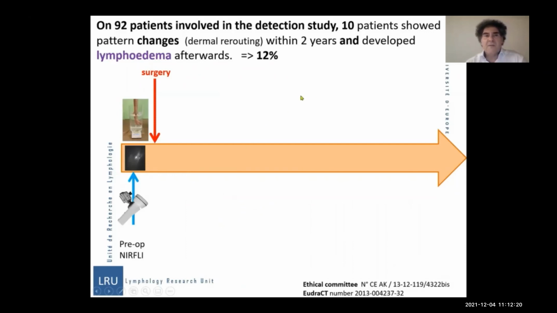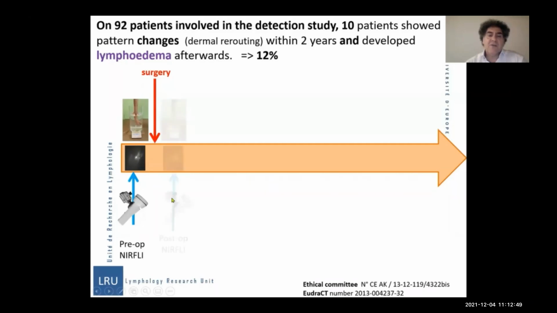So we set up a study that we've been carrying on for around 4 years, and we enrolled in this study 92 patients who needed surgery for breast cancer. And then we performed a lymphofluoroscopy. Now, this was done before the surgery, and we measured segmentally the volume of the hand and the different segments of the arm and the forearm.